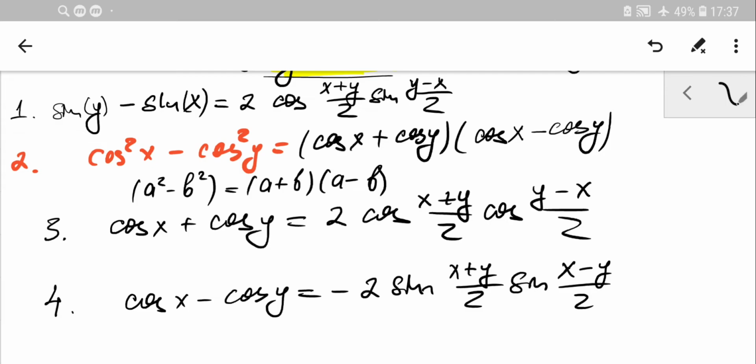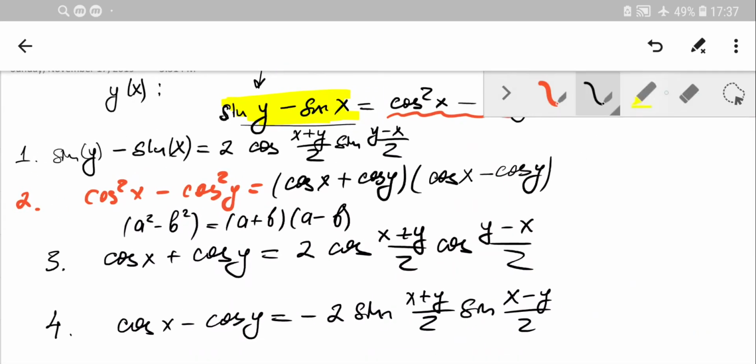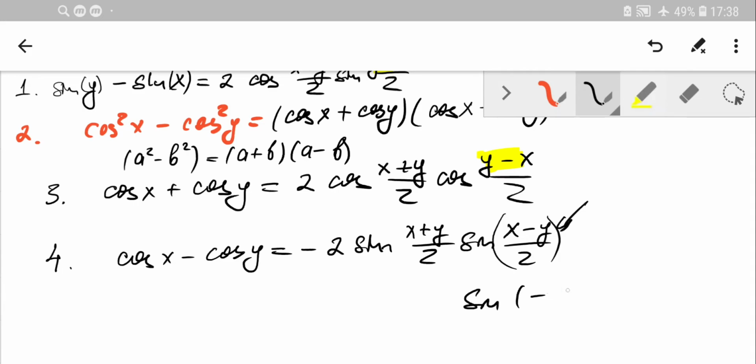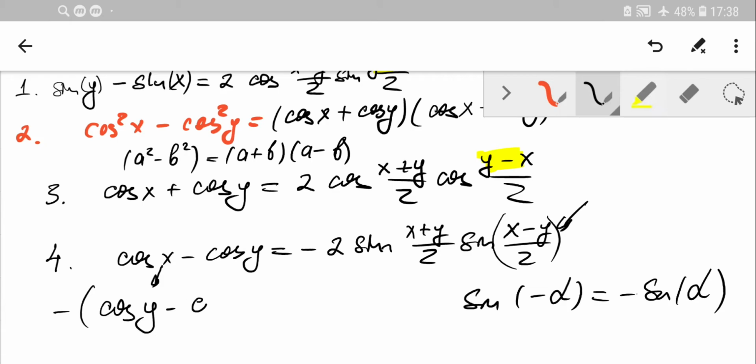Okay, but everywhere we have y minus x, so I think it's better to rewrite this so that we have not x minus y, but y minus x. You can use the property of sine, that sine of minus alpha is minus sine of alpha. So you can swap the difference and put a plus sign, or rewrite it as minus cos y minus cos x, and in this case you'll have a proper difference.